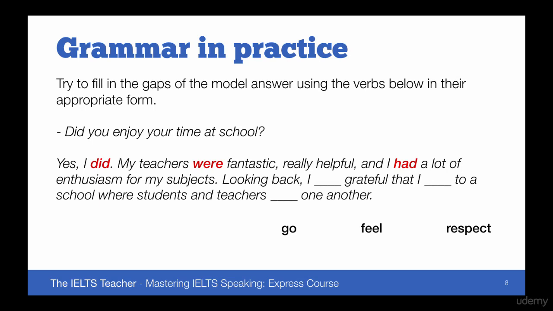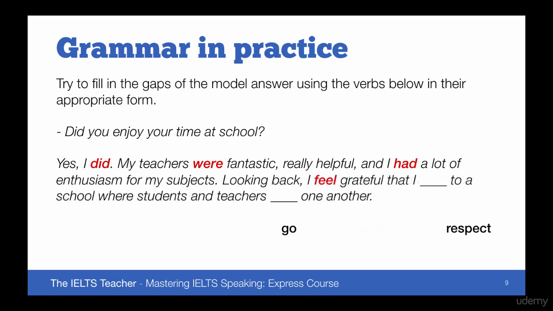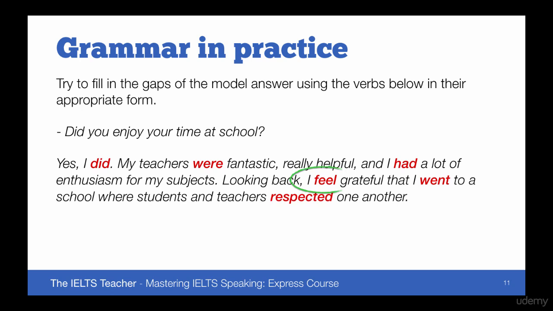Looking back, I feel grateful. Now you may have tripped up on this one, understandable, we'll look at that in a moment. I feel grateful that I went to a school where students and teachers respected one another. So, as I mentioned, this verb feel is very important here.